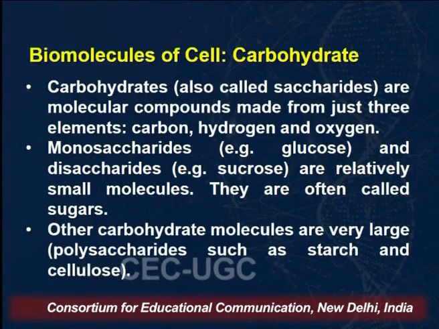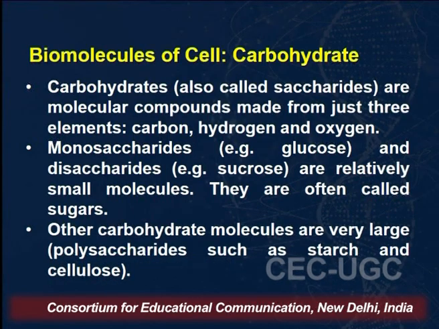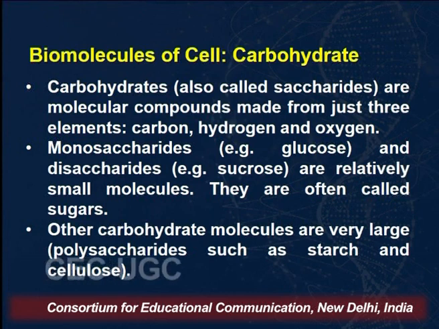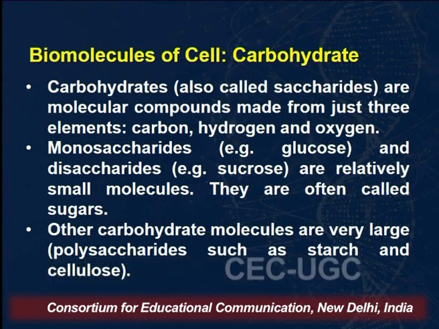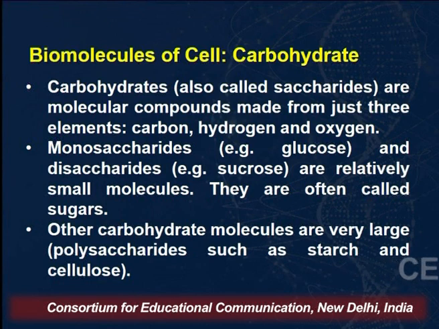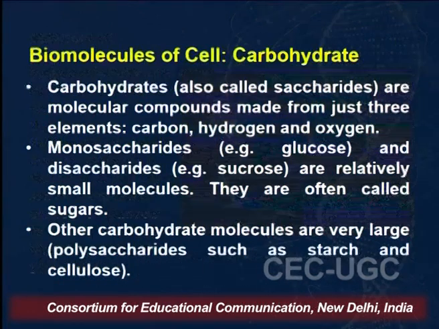They are the molecular components which are made up of three important elements, which are carbon, hydrogen and oxygen. Now, there are the monosaccharides, which include the glucose, then the disaccharides, which are relatively smaller molecules often called the sugars, and there are large carbohydrate molecules which are many times referred to as the polysaccharides because they are made up of a number of monomeric units such as the glucose molecules, and some of the important polysaccharides are starch and cellulose.